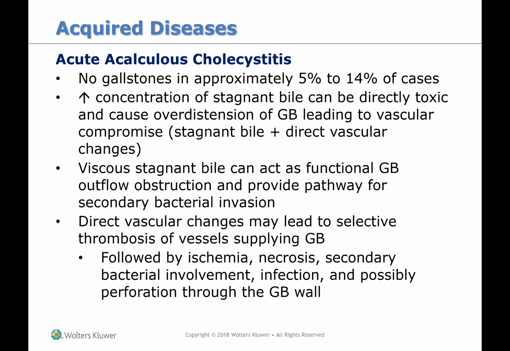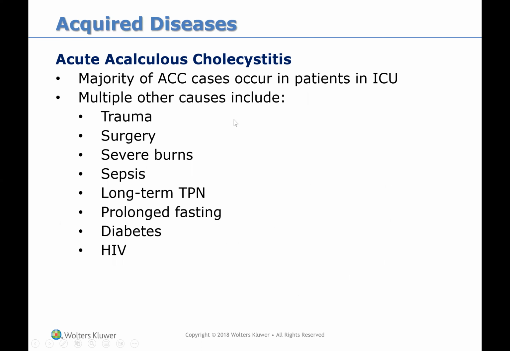Viscous and stagnant bile can act as functional gallbladder outflow obstruction and provide a pathway for secondary bacterial invasion. The majority of these cases occur in patients in the ICU. Multiple other causes include trauma, surgery, severe burns, sepsis, long-term TPN, prolonged fasting, diabetes, or HIV.